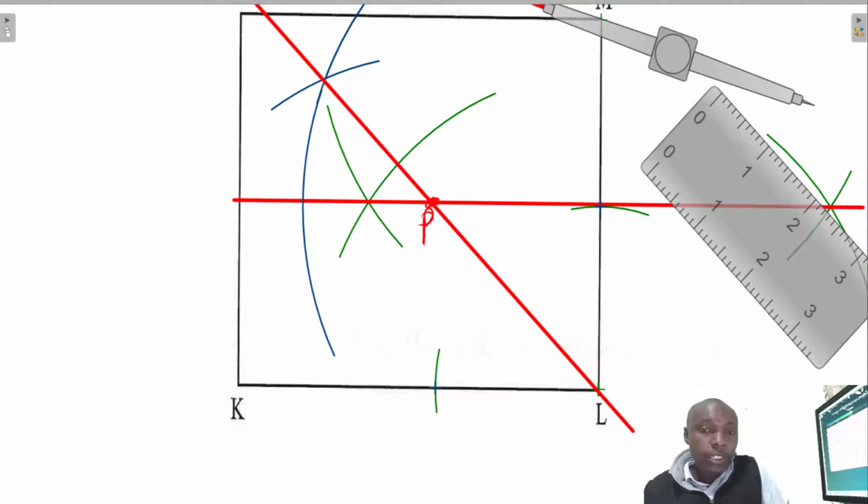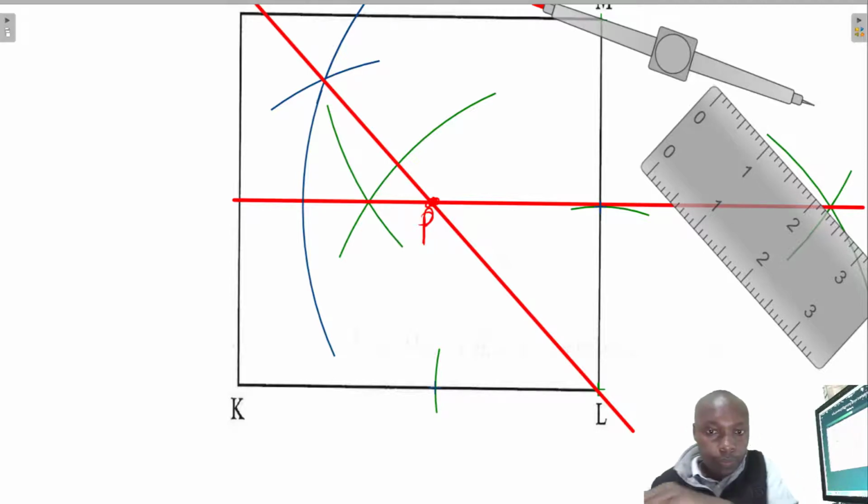There is one property that you need to recall in this part of a question. KL will act as the diameter, so we need to locate the center such that the angle that you make at the circumference will be connected to the property: the angle the diameter makes with the circumference is 90 degrees.